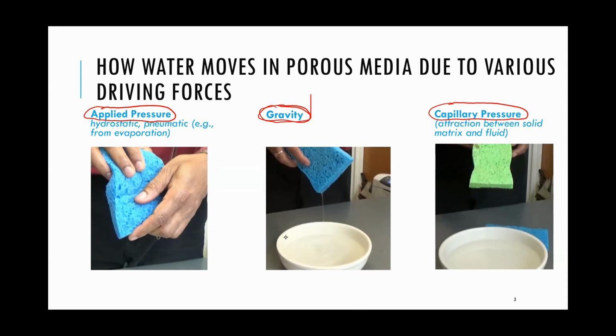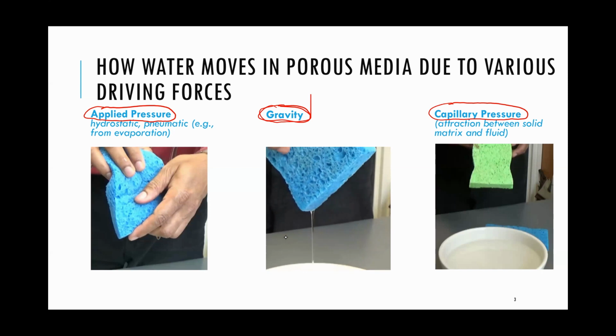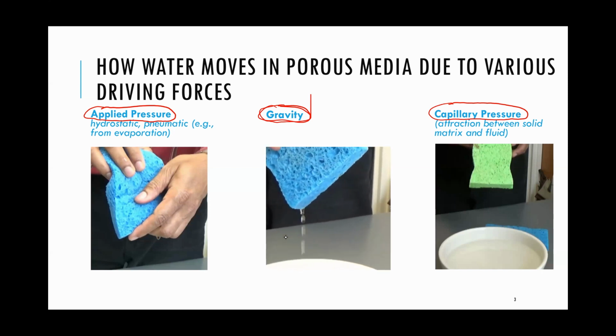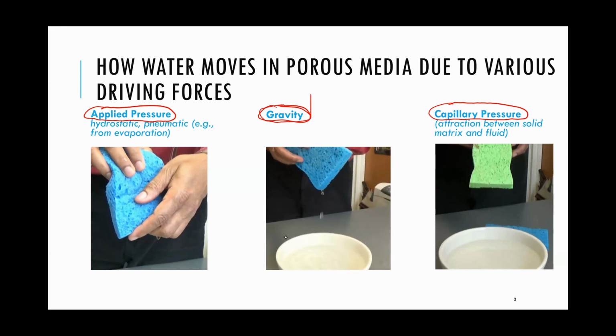Now, this process will not stop when all the water drains out. It will stop at the point where the force of gravity is just equal to the attractive forces that there are, which I'm going to talk about in a second. So this was my gravity. As you can see, it is starting to.